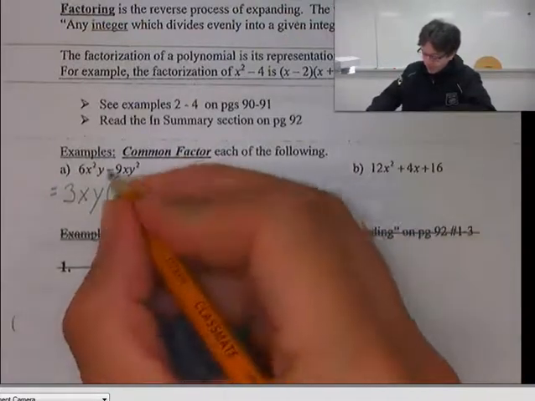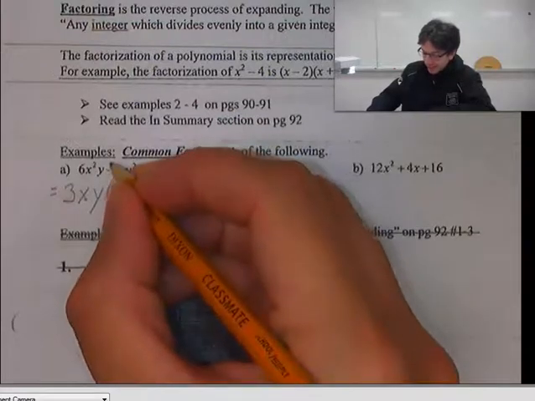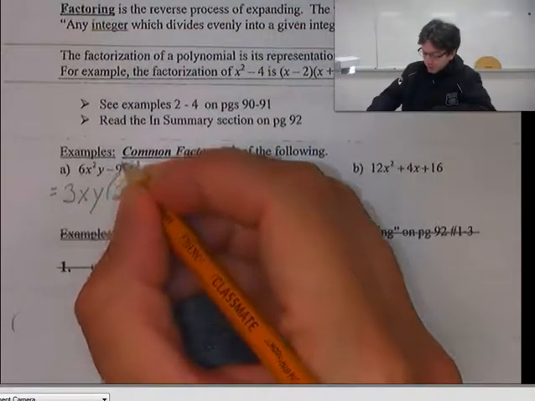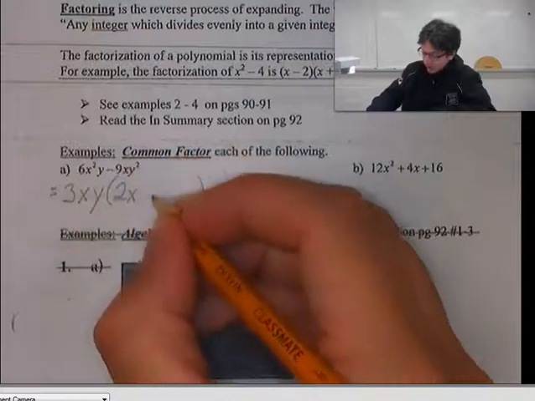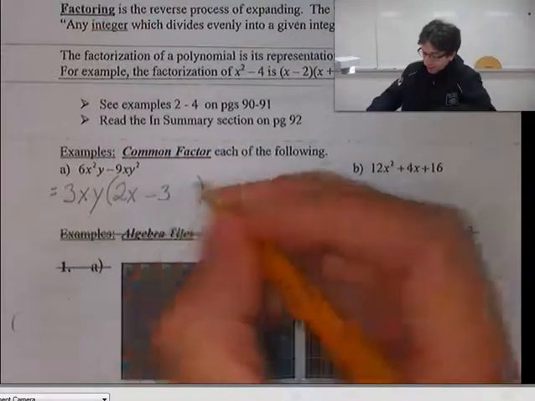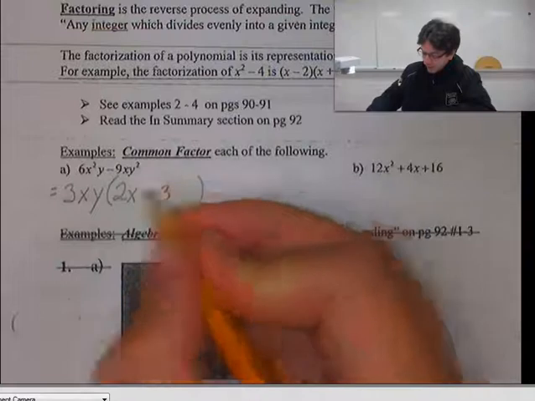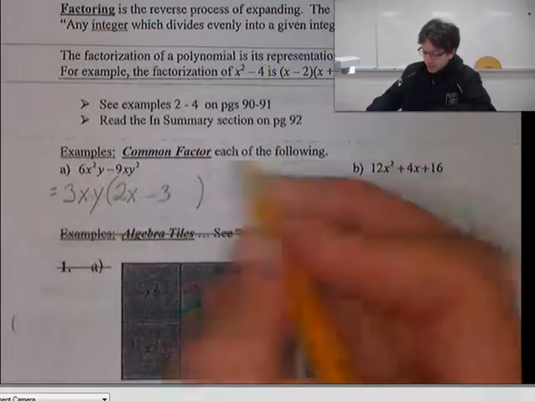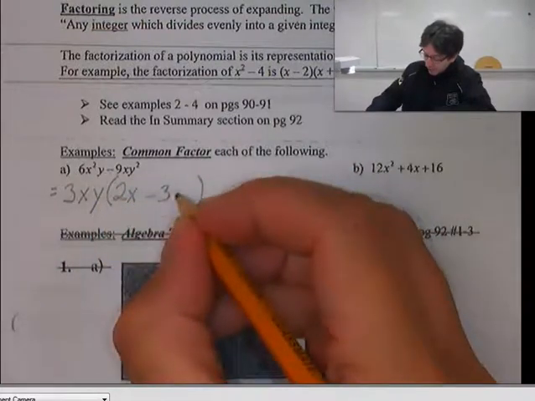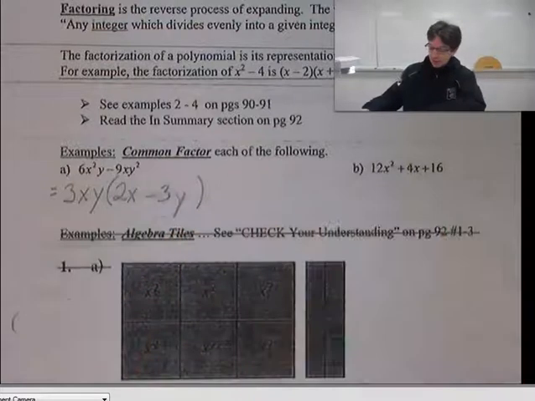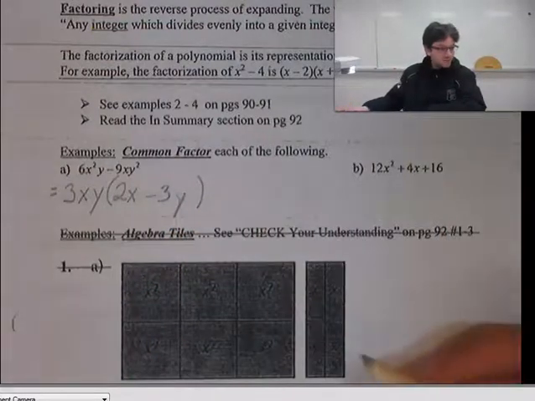And we're going to do the same thing over here. Remember, this negative is part of the coefficient. So we'd have 3 times negative 3 gives us negative 9. x times what gives us x? That's just 1. And y times y gives us y squared. So that's the first one.